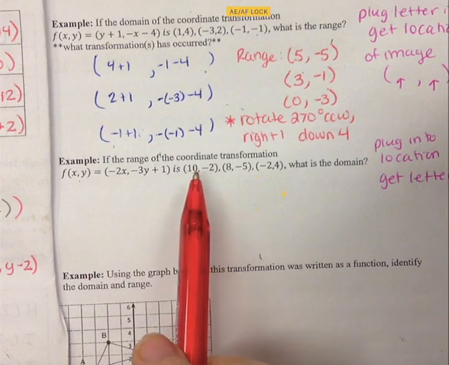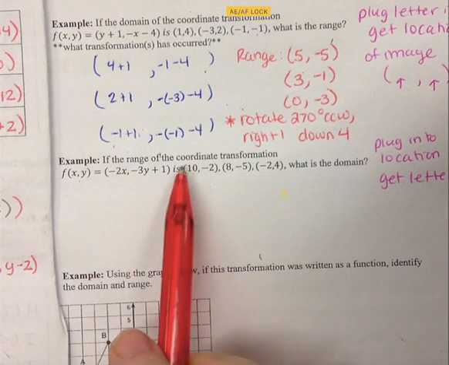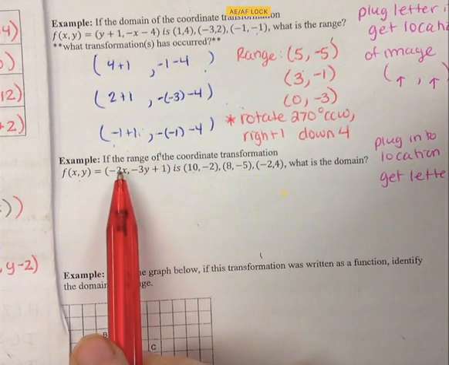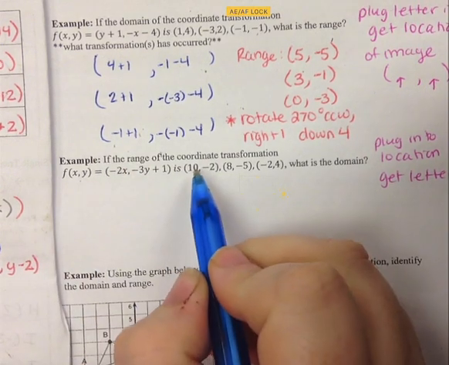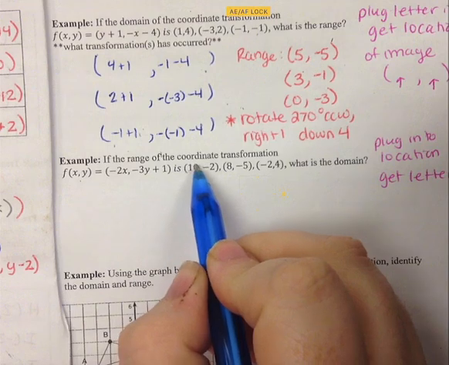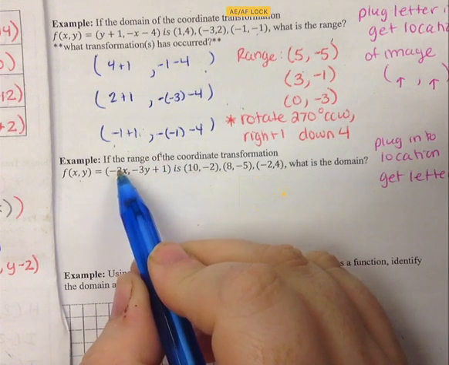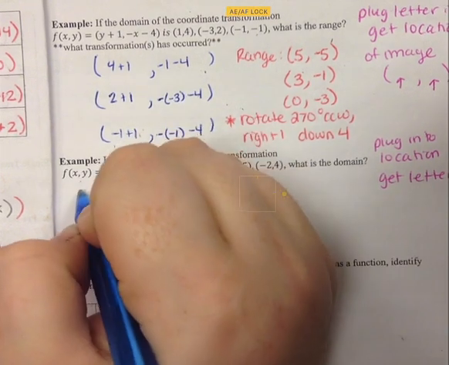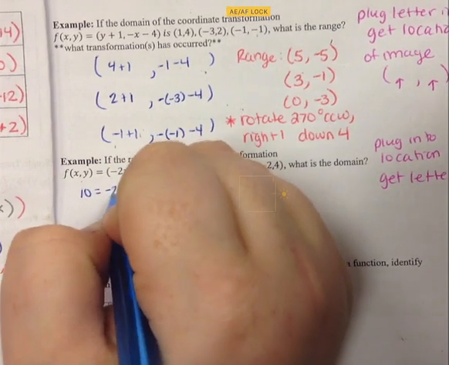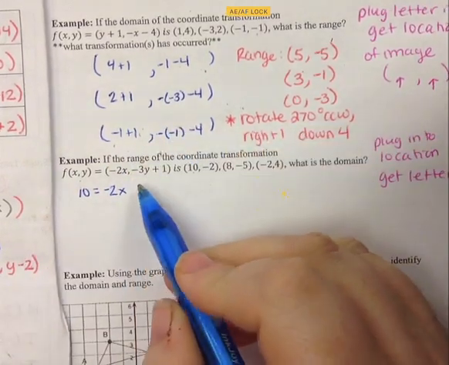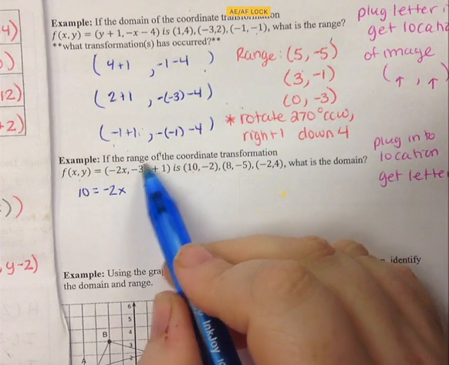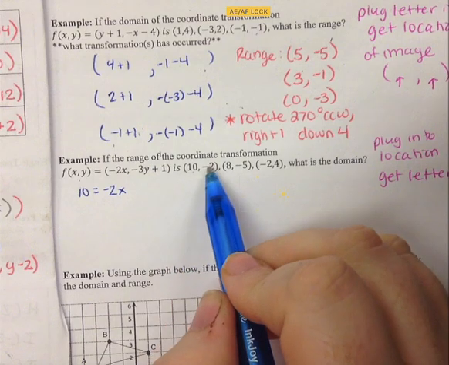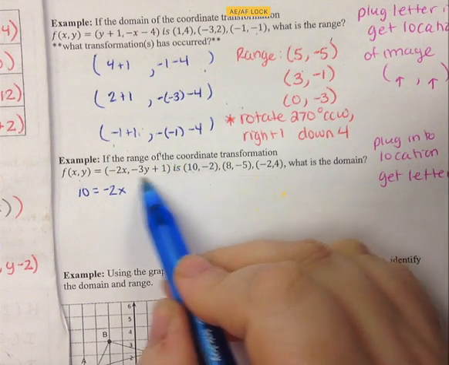So our x coordinate right here is the same location. You can set this first location, that 10, equal to the front location. So we have that 10 is equal to that negative 2x. Then you can take that negative 2. If it's in the back location, it's the same as the back location. So we can set that negative 2 equal to that back location.